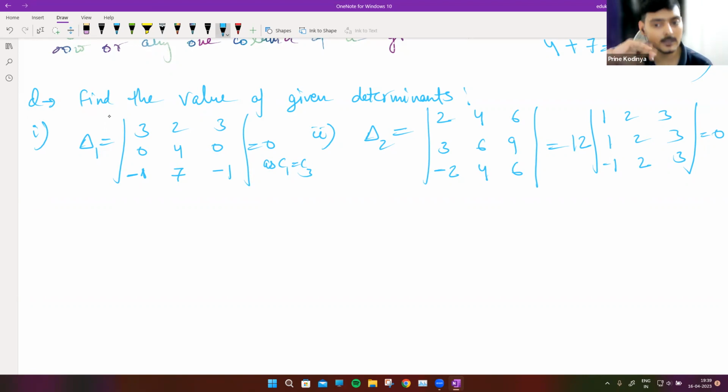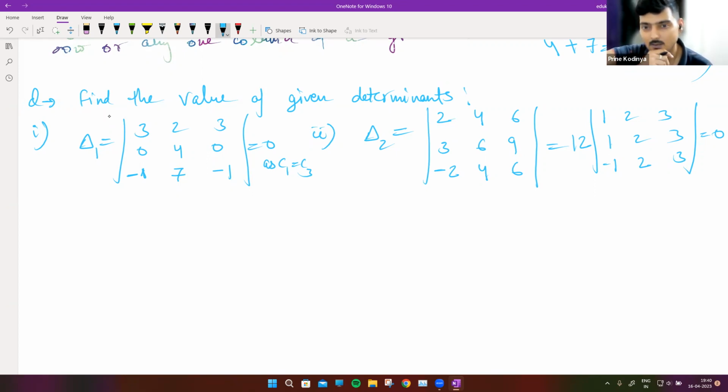And the third row is minus 2, 4, and 6, which is also not the same as row 1. But still the answer is 0. Rows were not identical, and neither any row nor any column was identical. But after taking some common, we saw that two rows are identical and the answer is 0.